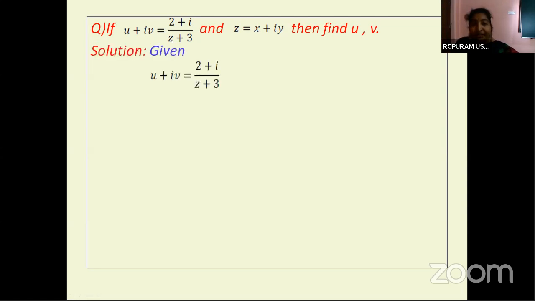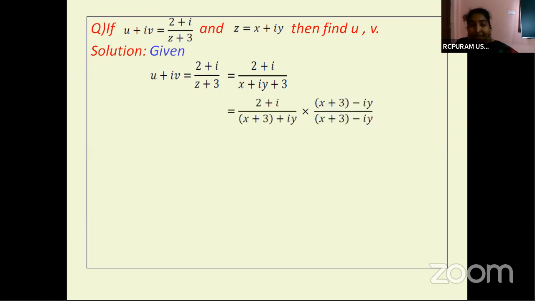You are given u plus iv is equal to 2 plus i by z plus 3. We will just substitute z is equal to x plus iy, right? So we will get 2 plus i by x plus iy plus 3. Rearrange the terms in the denominator like a real part plus imaginary part. Then you will have it as 2 plus i by x plus 3 plus iy.